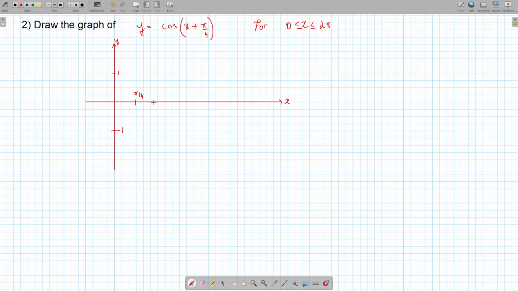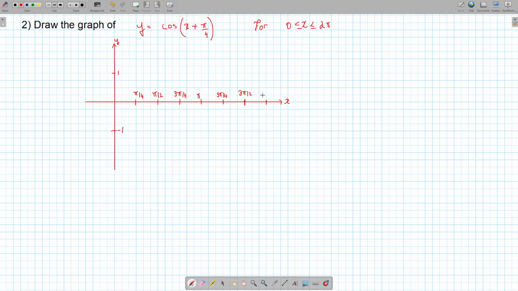Everything I'm doing now is just personal opinion. Whatever you want to do, you can do. This is just how I like drawing my scale. You can go pi over 2, pi, 3 pi over 2, 2 pi, that's completely normal, but I'm trying to take as many points as possible for the best accuracy.